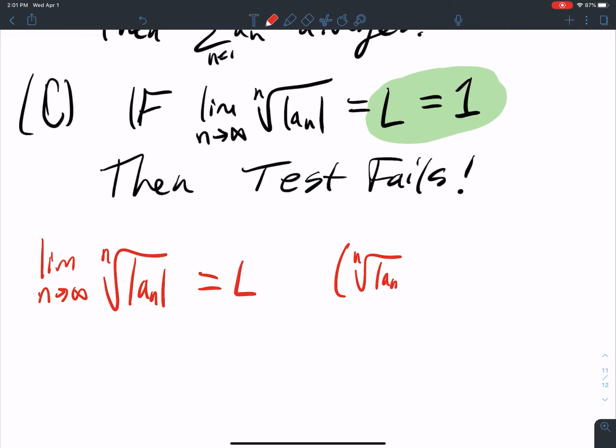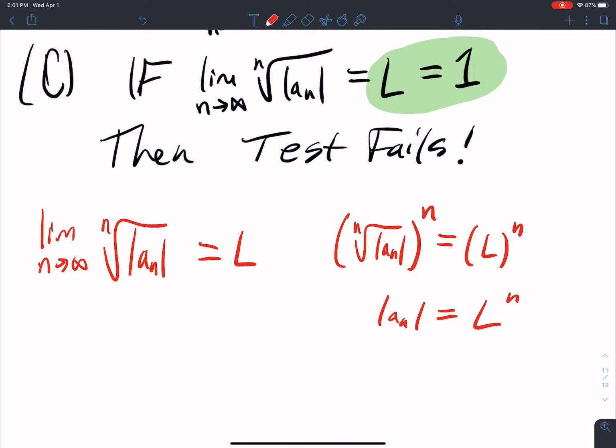All I have to do is raise both sides to the n, and that gets me the absolute value of a_n equals L to the n. It's basically a geometric series for sufficiently large n. So as n gets sufficiently large, this looks like some type of geometric series.